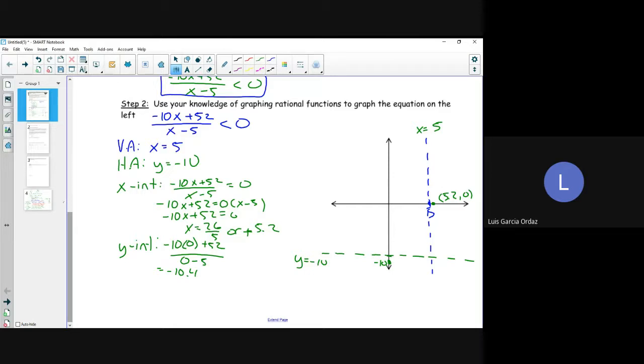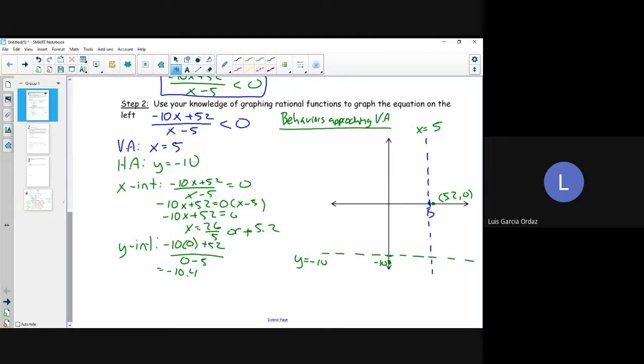Okay, so when we do this, generally I would like for you guys to pick a number that is 0.01 to the right and 0.01 to the left. Okay, so we're going to take a look at the behaviors approaching the vertical asymptote.